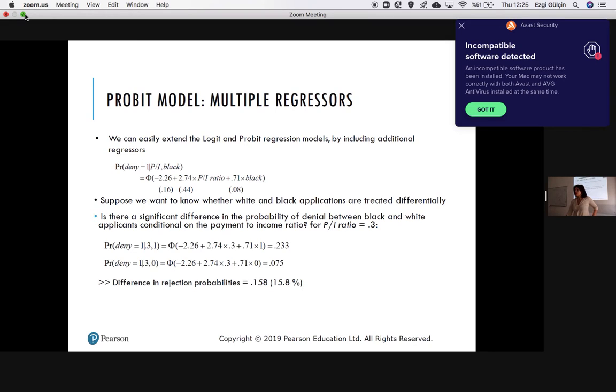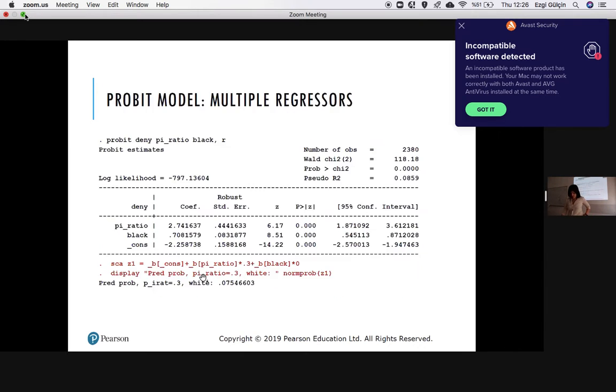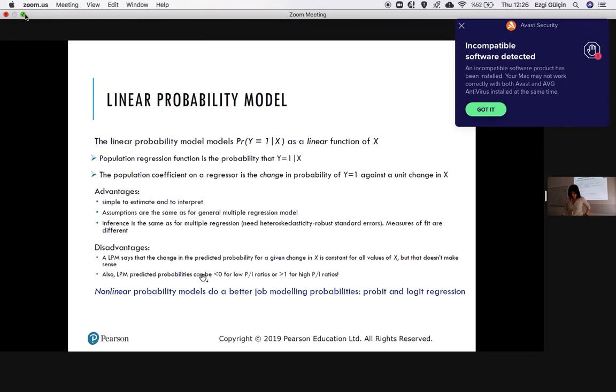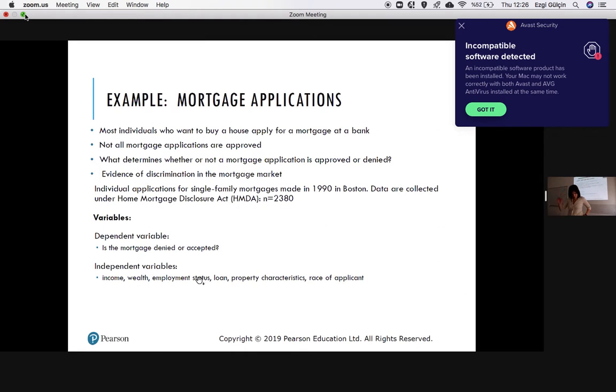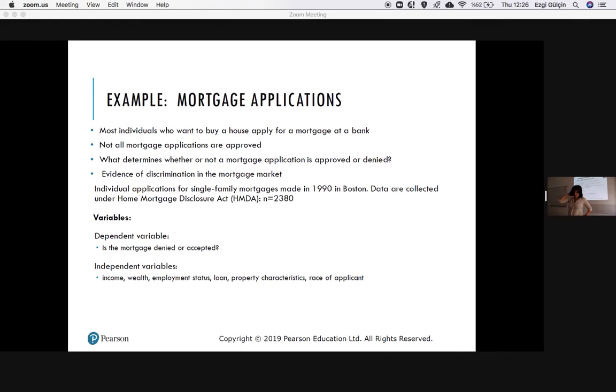Yes. These are the estimates using data from 1990 in Boston, 2,380 observations in 1990 in Boston.